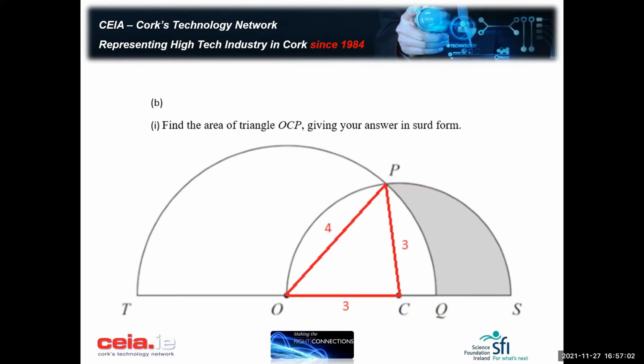He asks us another question: find the area of the triangle OCP, giving your answer in surd form. Again, we've been looking at this triangle on a few occasions. In all these long questions, a good thing to keep in mind is that when you've found an answer to a part, it is generally a good strategy to see if you can use that straight away, because very often he isn't asking you things just for the good of his health.